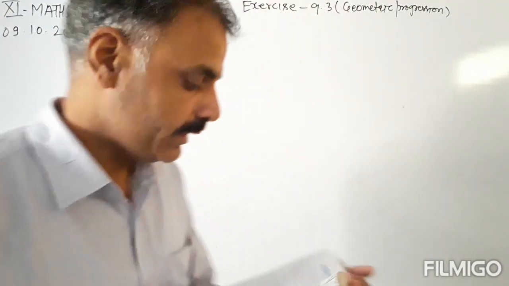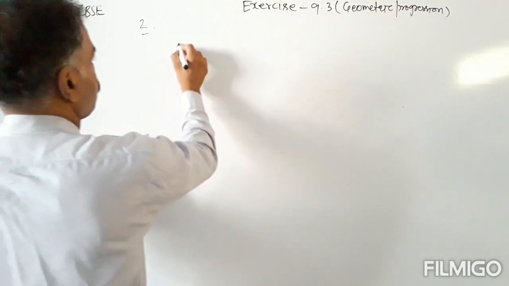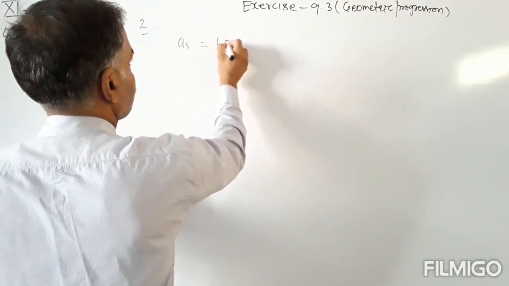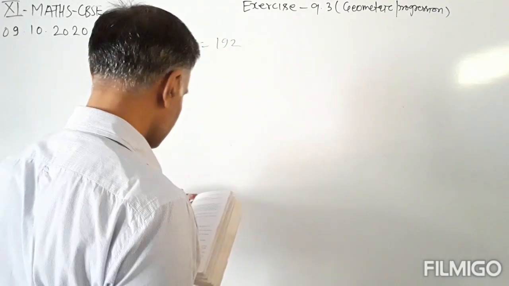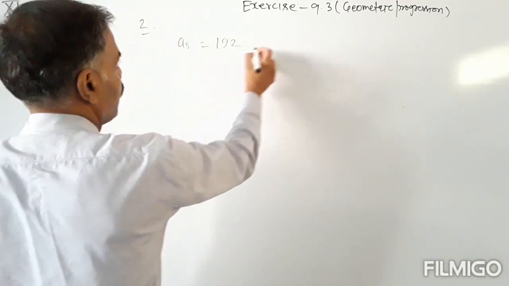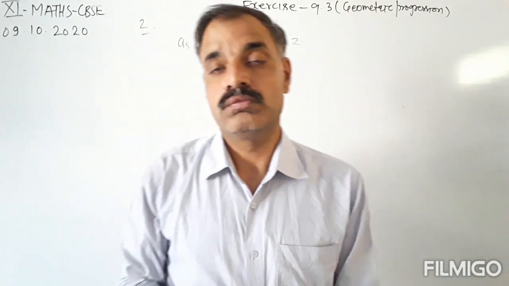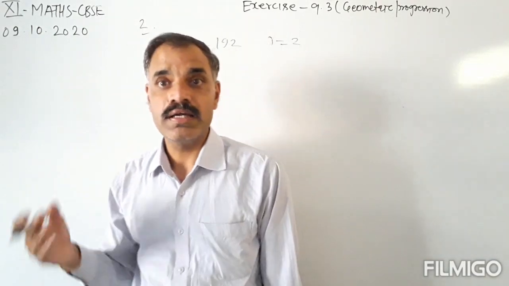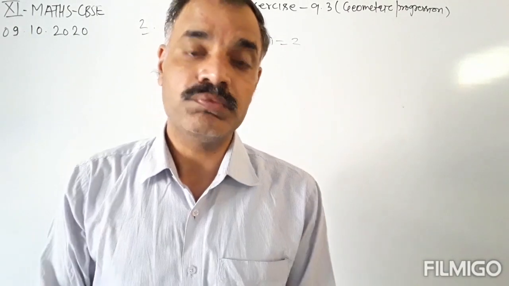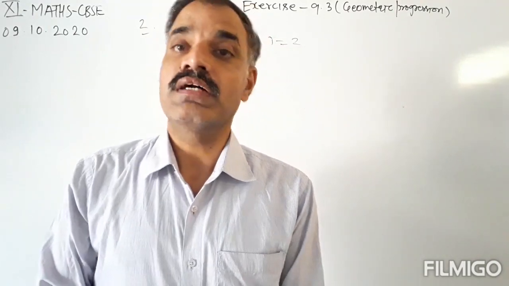The 8th term is given as 192 and the common ratio is given as R equals 2. The common ratio is given and the 8th term is given, and we have to find the 12th term.